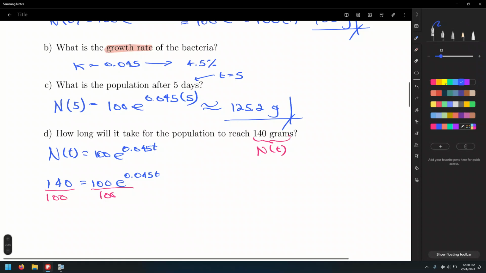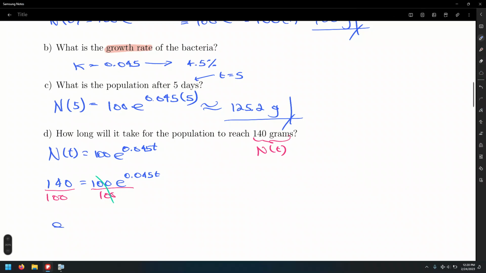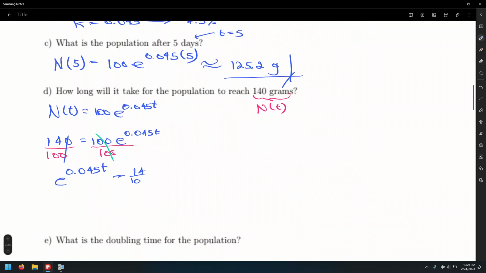That cancels, and e to the 0.045 t equals 140 over 100. Let me reduce the zeros. That's 14 over 10, which can still be reduced to lowest terms because both numbers are even. So that's actually 7 over 5.